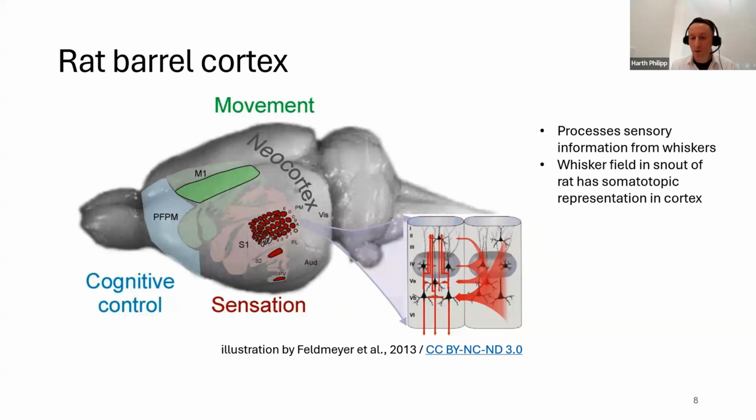And the distinct feature of this brain area is that these whiskers have a somatotopic representation in the cortex. It's a somatotopic map, which is shown here on the left.